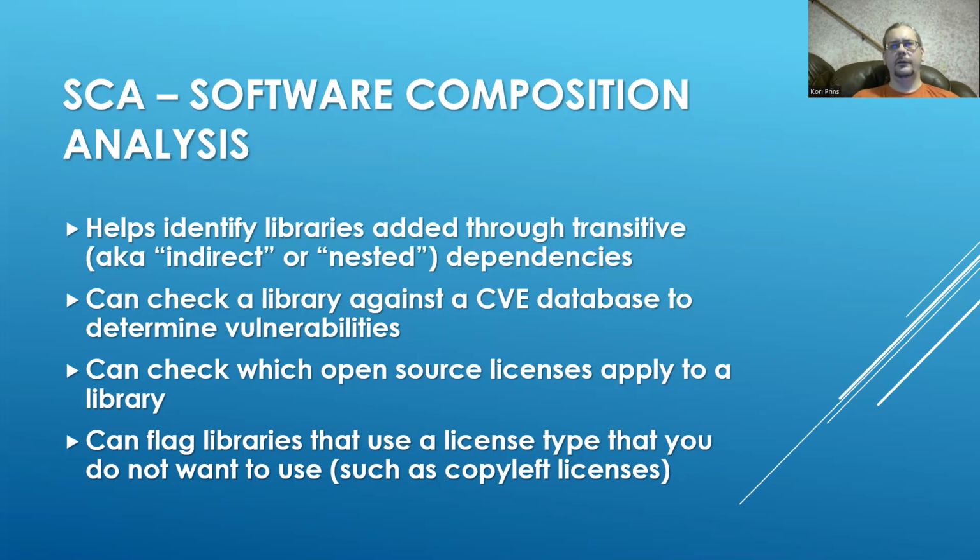Copyleft style licenses are licenses that require you to provide any source code that is in your application where a particular open source library that uses a copyleft license was used. Now obviously in a corporate, enterprise environment, you wouldn't necessarily want your proprietary source code out there and available. So many corporations tend to frown on libraries that utilize a copyleft license.